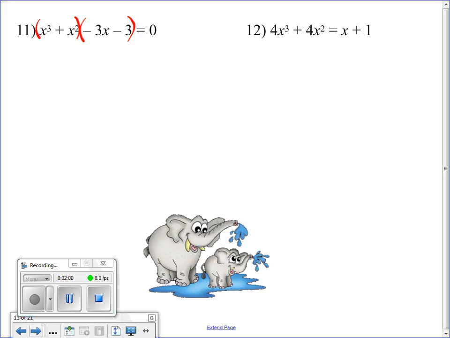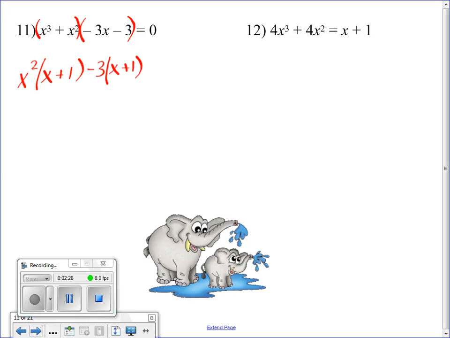All right, so then you look for, what's the GCF in the first set? X squared. So let's pull out the x squared. What do we have left? X plus 1. What's your GCF in the second set? -3. If that first one's negative, take it out. What's left when you take out a -3? X plus 1.